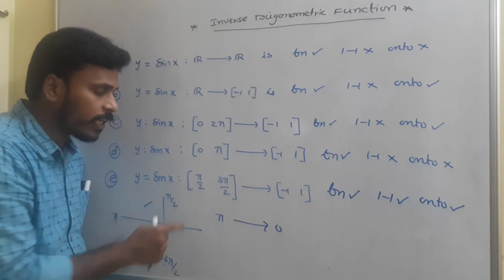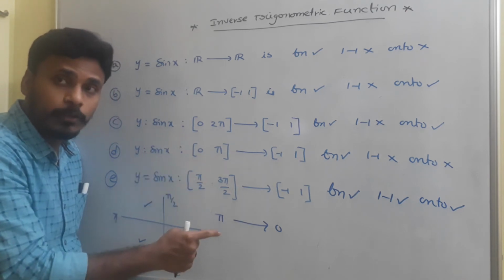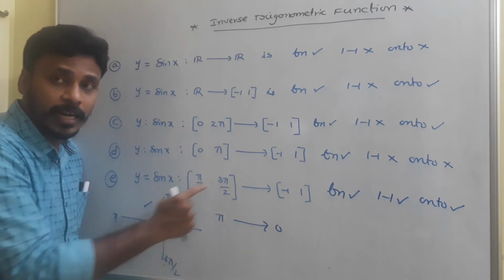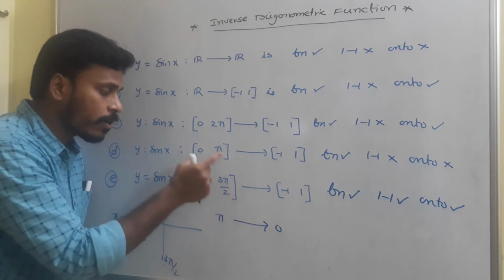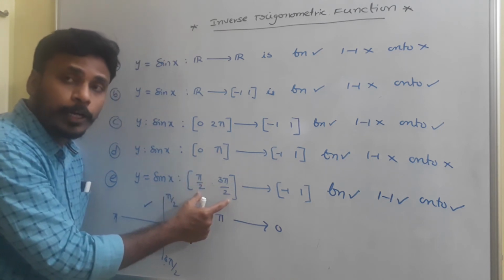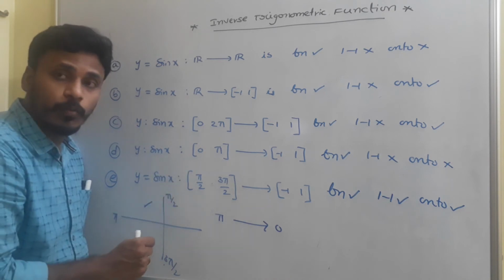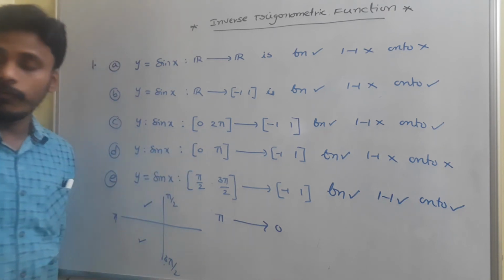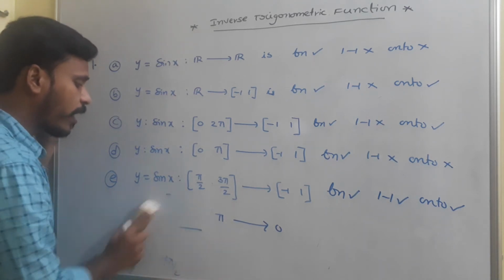Like that, take any angle of the domain and find its sine value. Surely there is only one connection. So this function from the domain pi by 2 to 3 pi by 2 to the codomain, the interval -1 to 1, is a function, is 1-1, and is onto. So now this is a bijection.